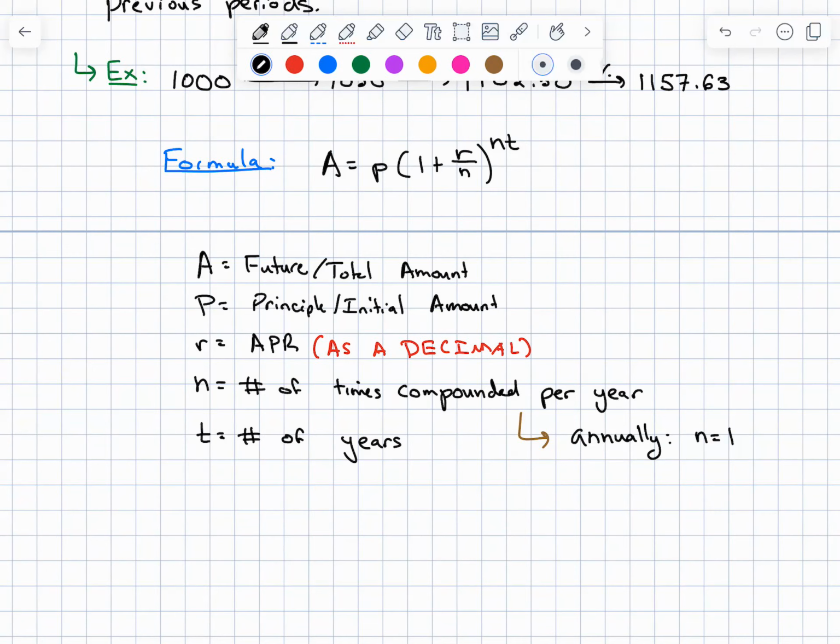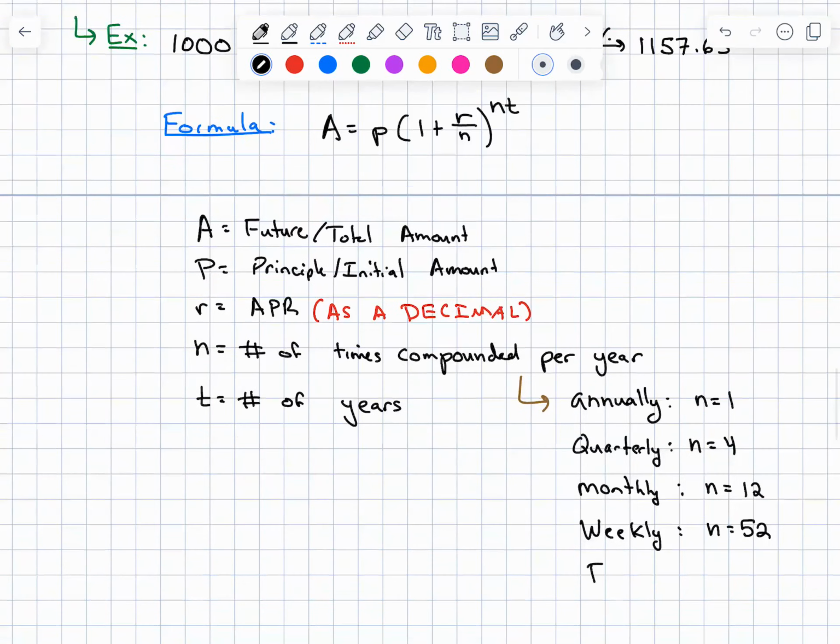We never see it anyways. Quarterly, N would be 4, so that would be every 3 months they charge interest. Monthly, N would be 12. Weekly, N would equal 52. And then daily, I'm going to say it's 365.